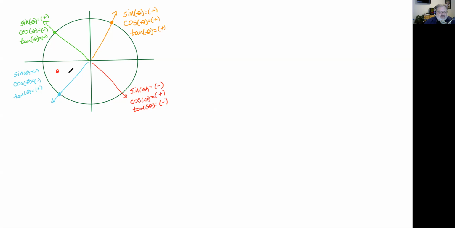So if you associate cosine with x's, if you make that association really strong, you don't have to memorize this information. You just know I'm down here, my x's are negative, my y's are negative. That means my functions will be negative for sine and cosine anyway. Is that reasonable?